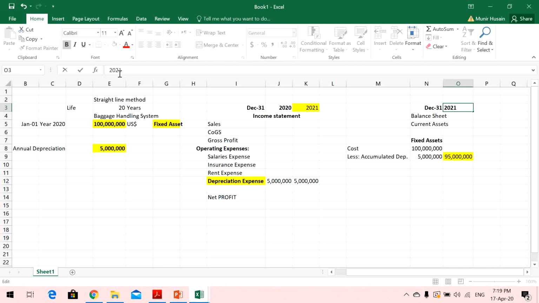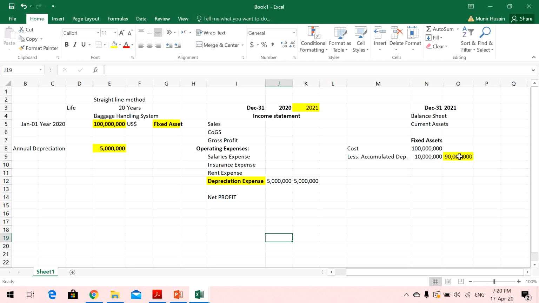It will look like this: 100 minus the total depreciation, these two depreciations. So by 2021, at the end of 2 years, the value of my conveyor belt, that fixed asset, is 100 purchase cost minus 10 total depreciation for the last 2 years, which is 90 million.